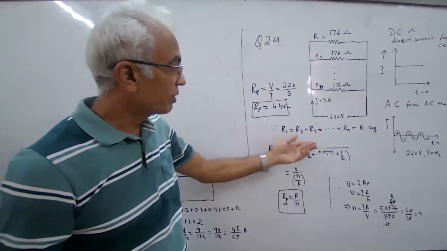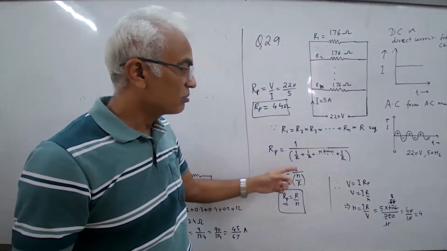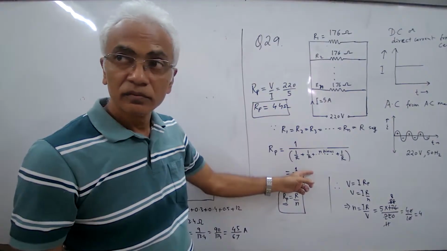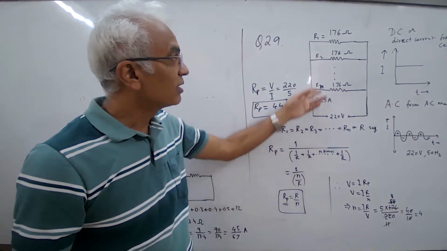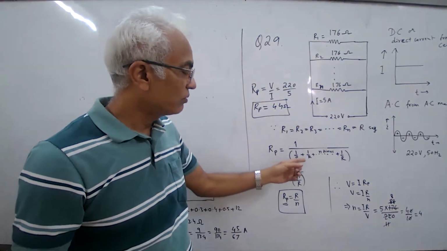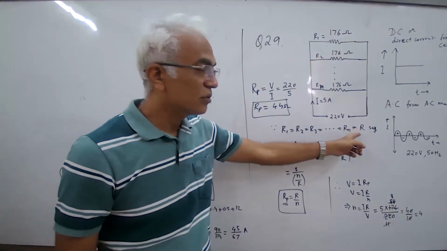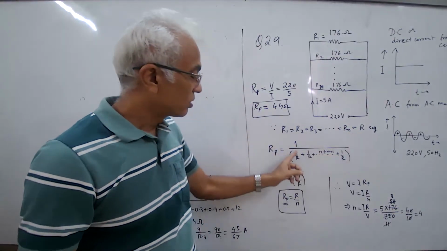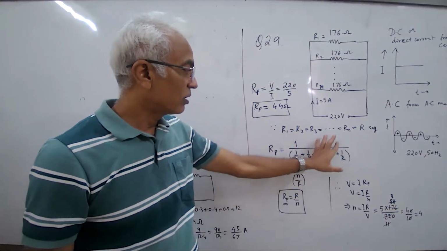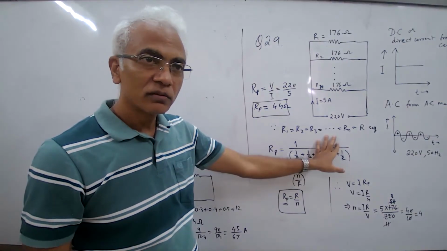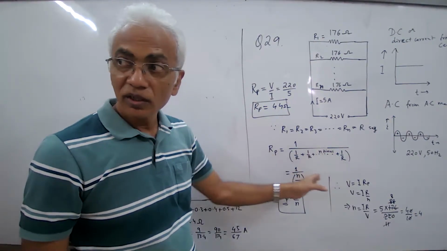If it is a parallel combination, let us say there are n such resistors. All resistors are of the same value, so I add 1 by R plus 1 by R. If there were only 2, it would be 2 by R. But there are n.